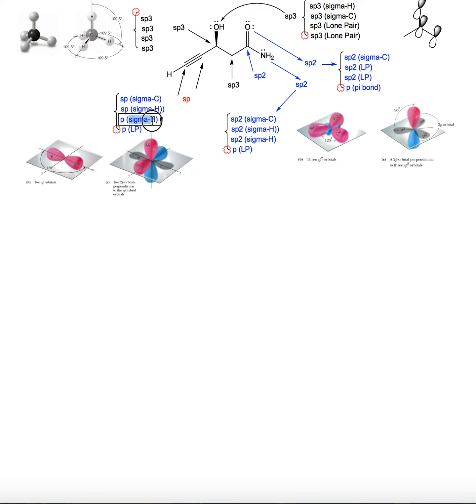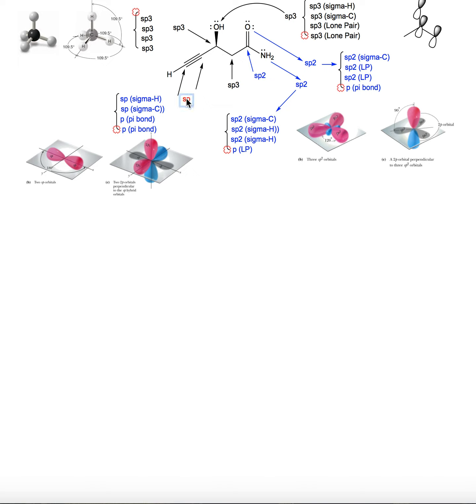Okay, so 1 p orbital for a pi bond, second p orbital for a pi bond, that's for the triple bond, right here. And then let's say for this carbon here on the left side, 1 sp is going to be used for a sigma with a hydrogen to the left, and 1 sp for the sigma to the carbon on the right. The 2 hybrid orbitals of this carbon, one is used for the sigma to this carbon, and the second one is used for the sigma to this other carbon.